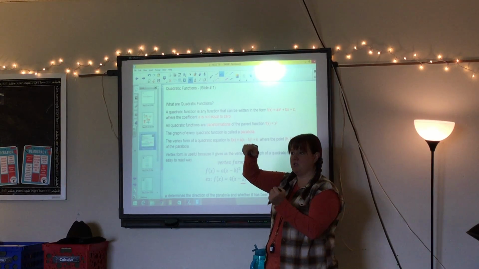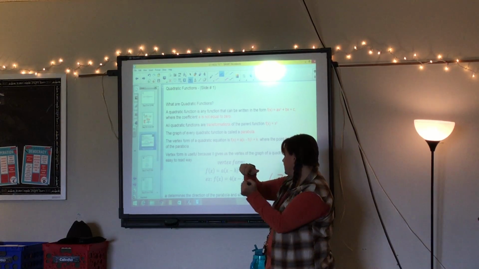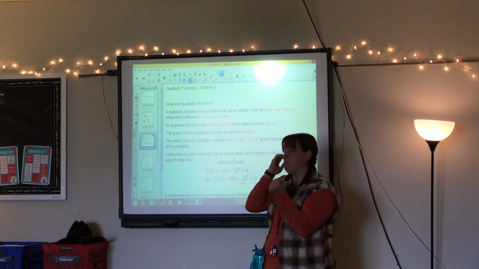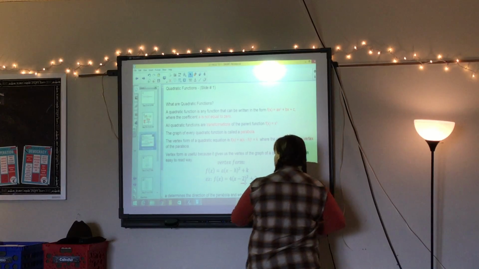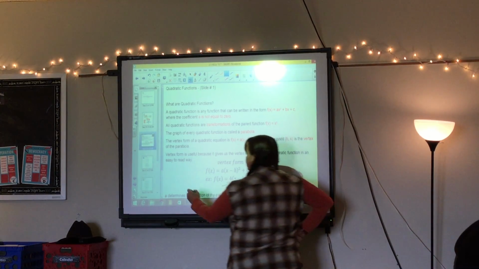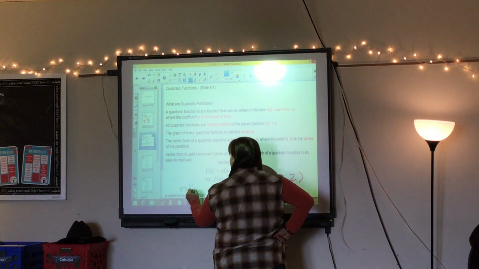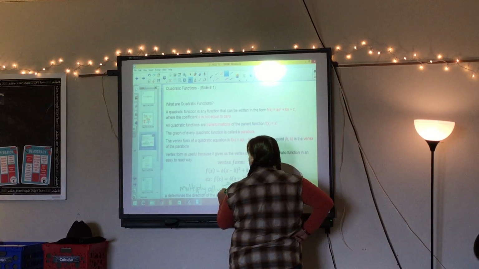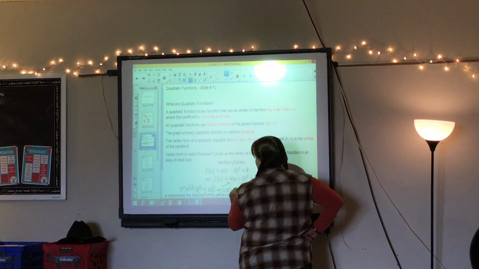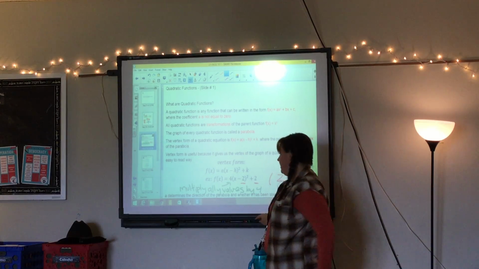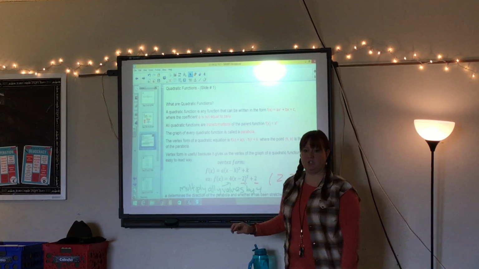If you look at that pink sheet you have, that number in front gives a vertical stretch, which, and you could write this down, multiplies all your y values by 4. So that's a vertical stretch.